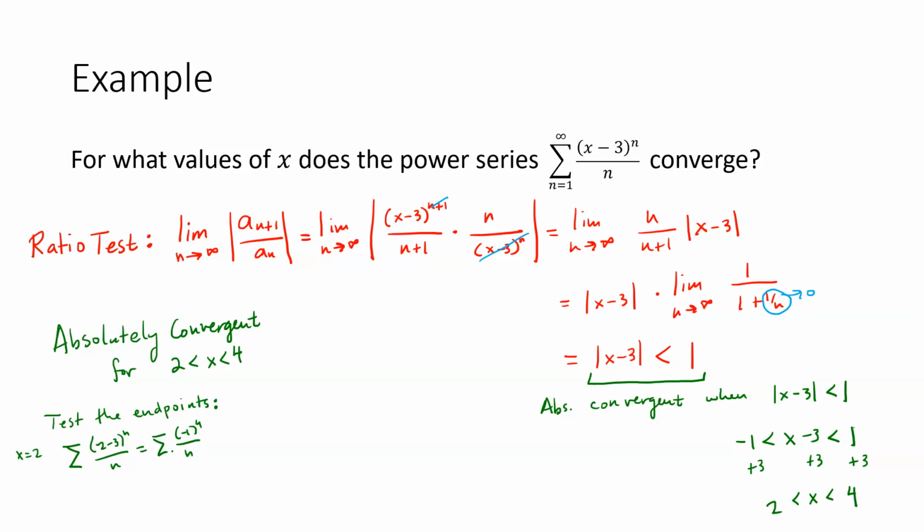And notice that this is an alternating harmonic series, so we know this is convergent. So we know it's convergent by the alternating series test.